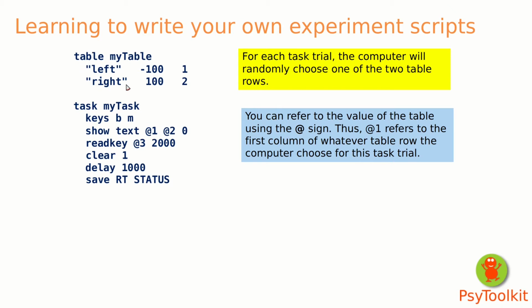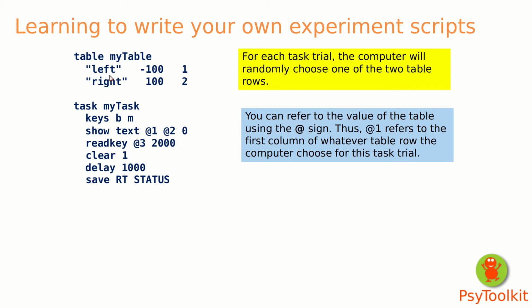But what's important to understand here is that there is a way to describe what conditions you have and to get that information into your trial. So the @1 here tells the computer basically, take from the row that you've chosen for this trial the value of the first column.